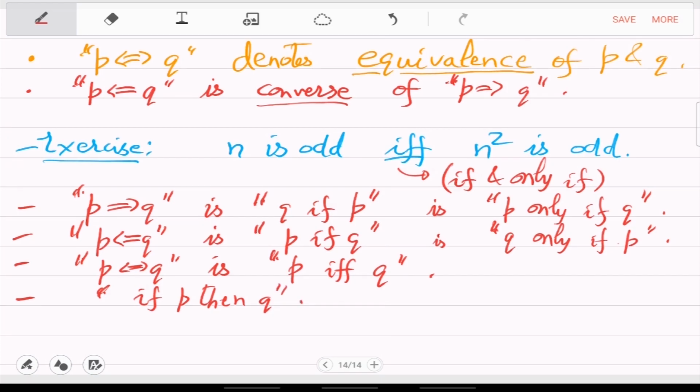Is that clear? Any confusion? So again, as an exercise, you can write the statement every prime greater than 2 is odd in the above notation.